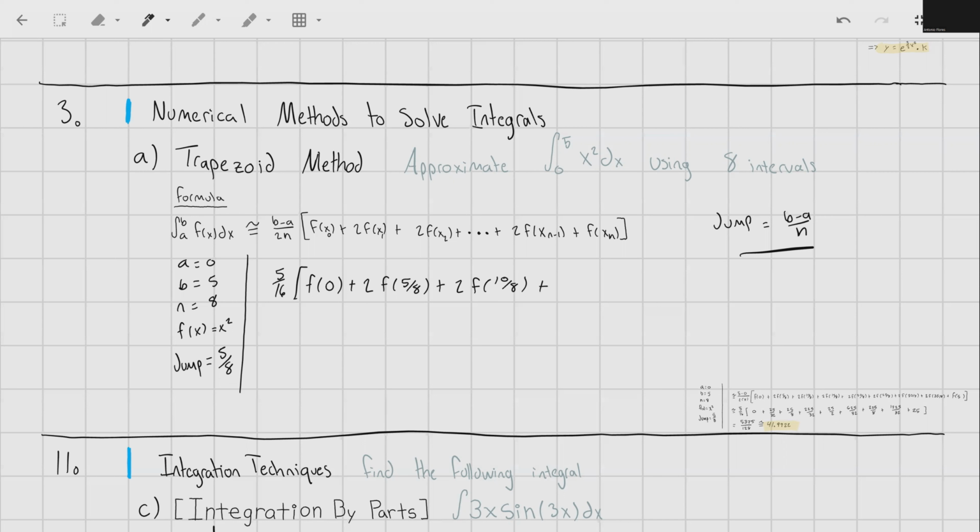Another 5/8. And then this is going to keep going until you get to 40.